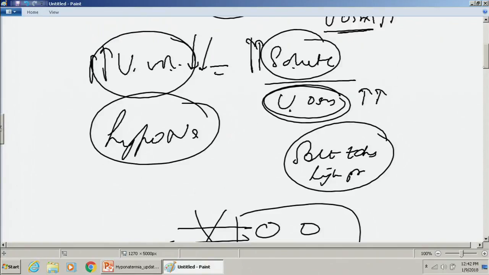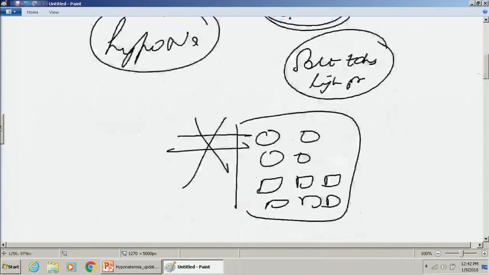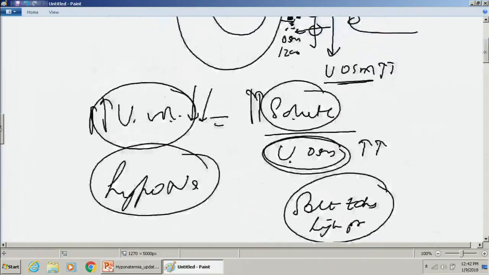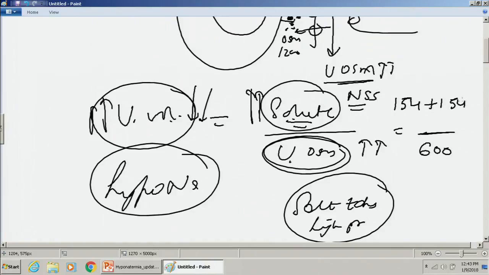Making sense, okay? And the third thing I want you to understand is if you happen to give someone normal saline, we often say that it's going to worsen their hyponatremia in the setting of SIADH. Because say the urine osmolarity is around 600 and you give someone 1 liter of normal saline, which is about 154 milliequivalents of sodium plus 154 milliequivalents of chloride.